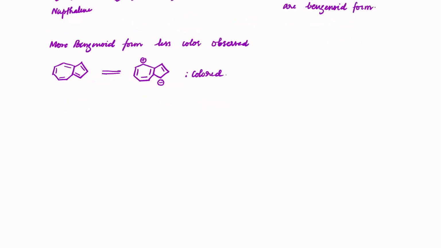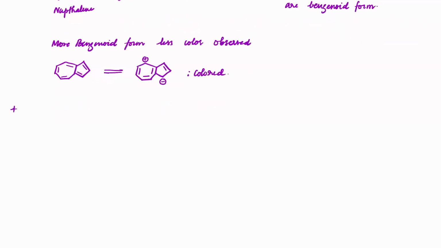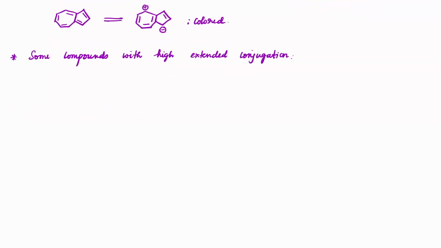Okay. Let me show some compounds here, some compounds with high extended conjugation. Okay. So extended conjugation is observed in these cases. For example, here we have benzene form here, double bond.